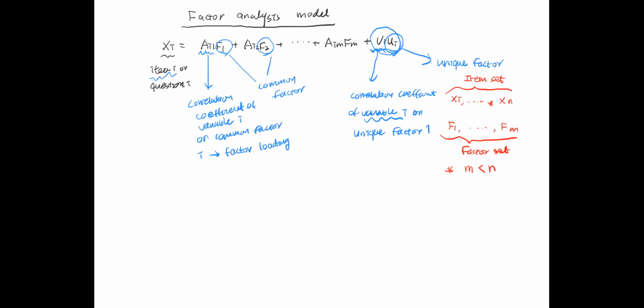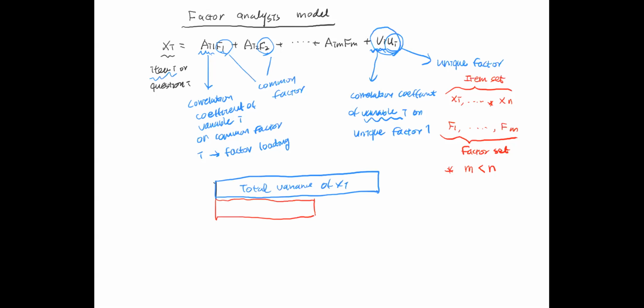So if I draw some visuals that show the equation, then say this is the total variance of Xi, and say this is the common variance. This is the common variance.